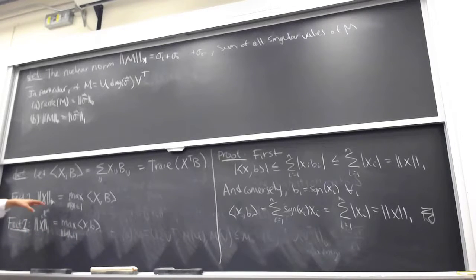And you should think about the nuclear norm as the L1 norm of the singular values, and the operator norm is the L infinity norm of the singular values. So fact 1 is just the generalization of this to the matrix setting, where it's over singular values instead.